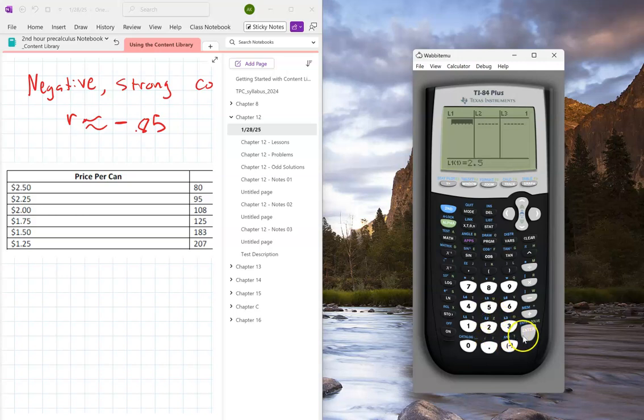All right, so into L1, I'm going to type these prices. So I'm just going to type the number and press enter. And then I'm going to go over to L2 and enter in these quantities.